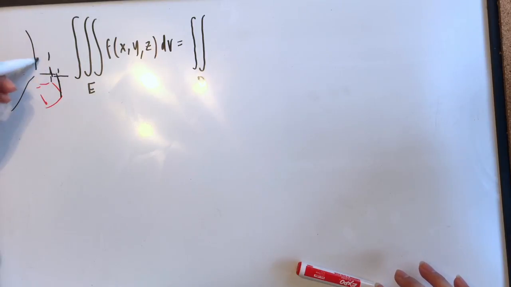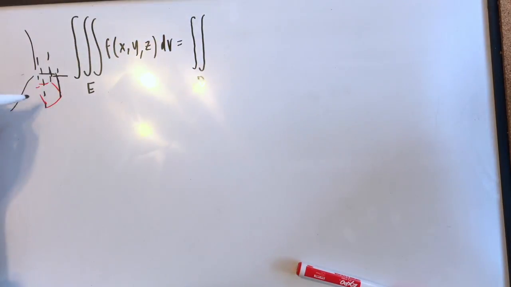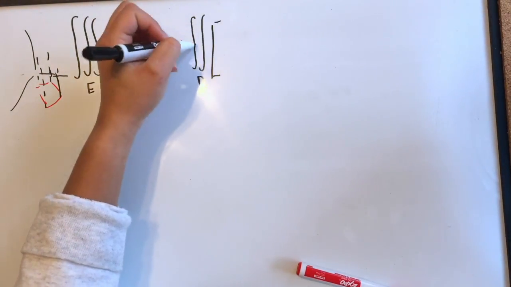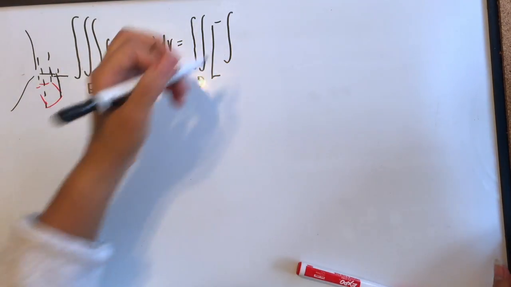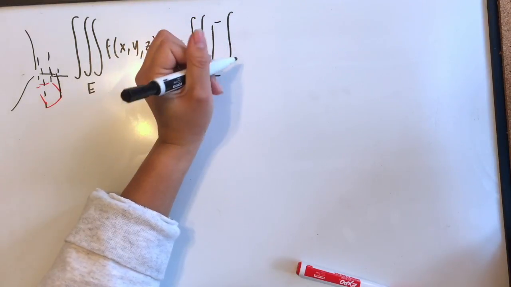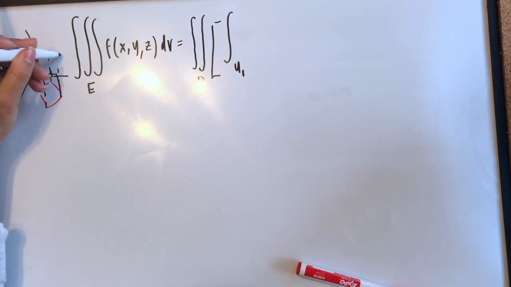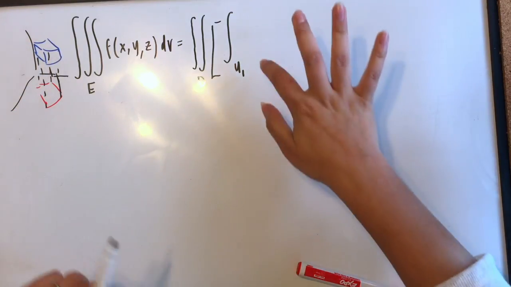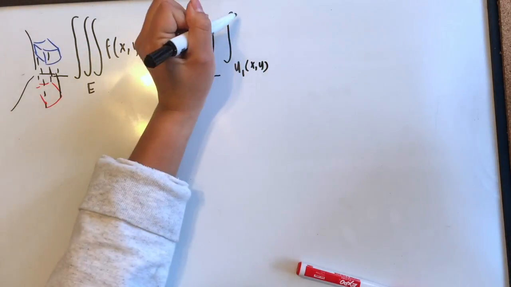So this is the integral over that region, and then the integral of z, which was the blue region, the one that we drew in 3D here.